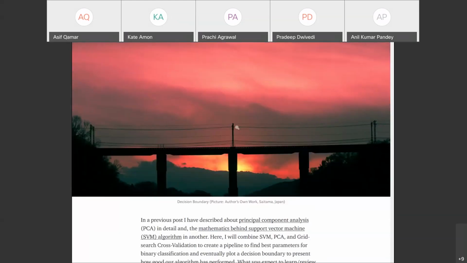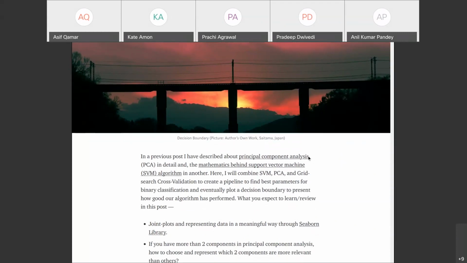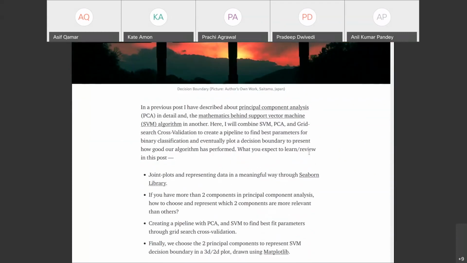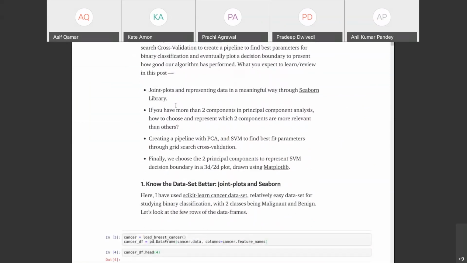Sometimes they start with some grand banner picture which is tangentially related. Here is a bridge, and he's calling it a decision boundary. Well, I'm not so sure it's a decision boundary, but for what it is worth, it's there, just to make the page more colorful, I suppose.